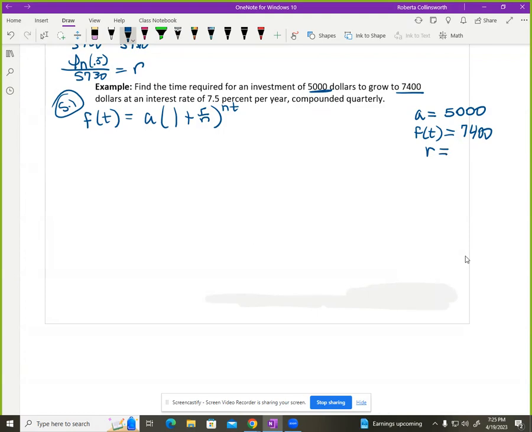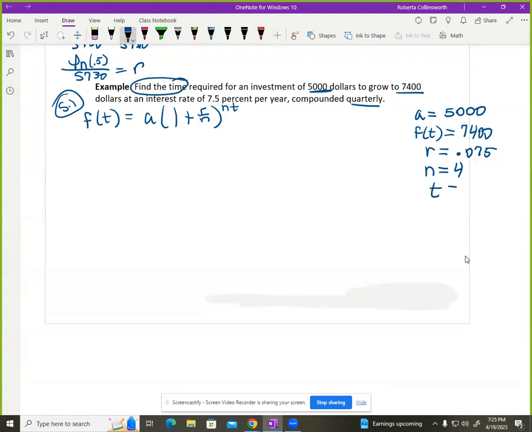My interest rate is 7.5%, but I have to write that as a decimal per year, compounded quarterly. So remember that n, that's our number of compounds, that's quarterly. And then t is what we're looking for. It says find the time.